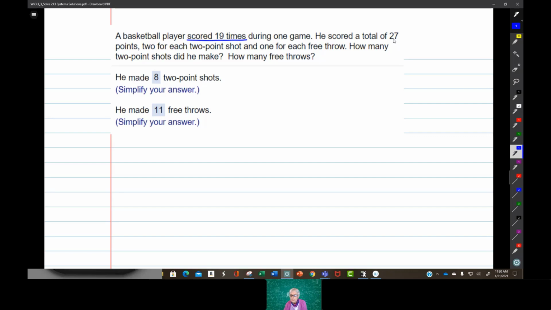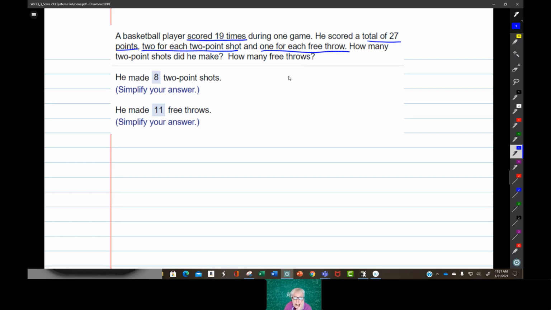He scored a total of 27 points, 2 for each 2-point shot and 1 for each free throw. How many 2-point shots did he make, and how many free throws? This is hard.